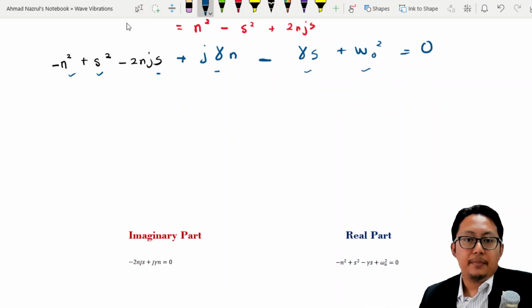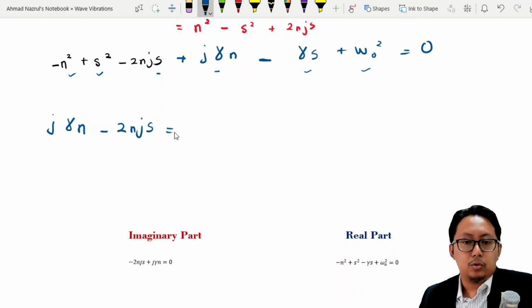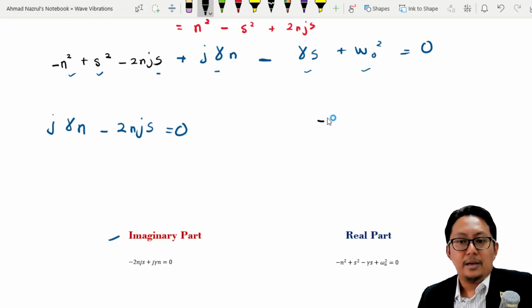So for the imaginary part, I can put j gamma n minus 2njs equals 0. This will be the imaginary part. For the real part it will be minus n square plus s square minus gamma s plus omega naught square equal to 0.